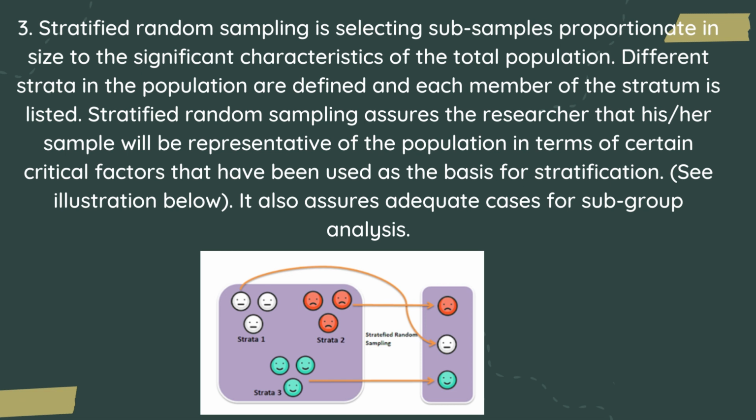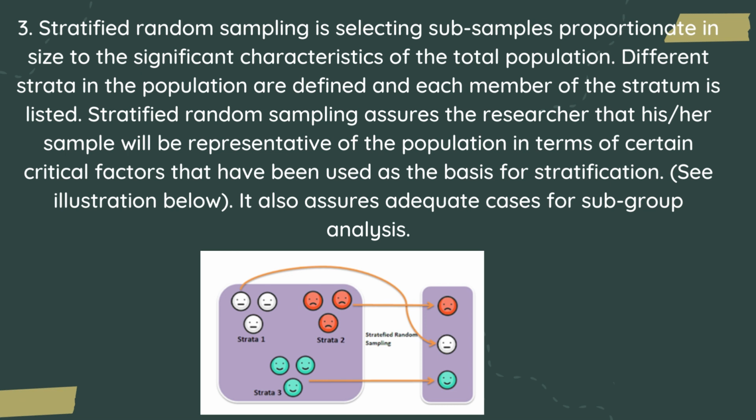Okay, so for the stratified random sampling method, you divide your respondents into different strata. And each stratum could have at least one or two representatives depending on the number of respondents in every stratum.